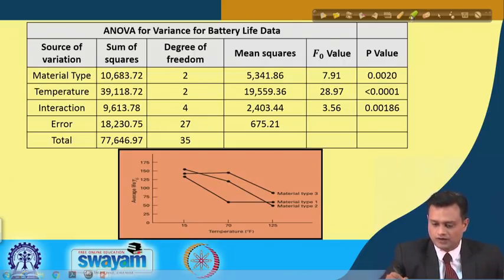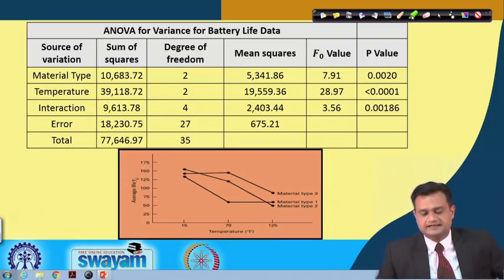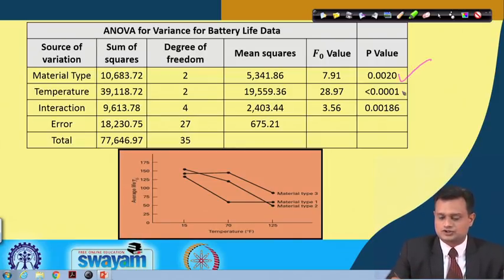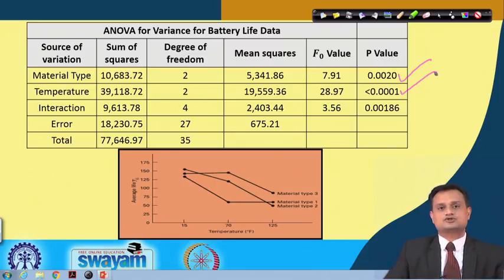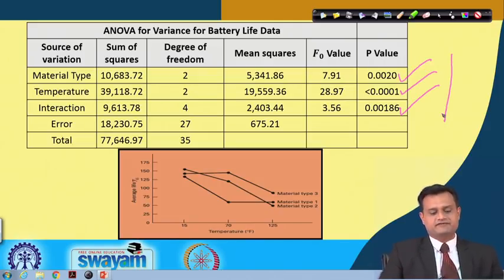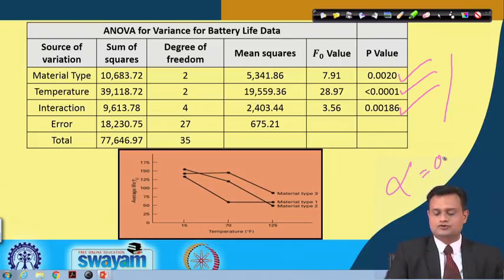What you get here is basically the p value for material type is 0.002, this is quite less than 0.001, so you can say it is 0.00. This is your interaction effect. So by referring to these 3, if I am checking at level alpha is equal to 0.05, all these are falling in the rejection region.